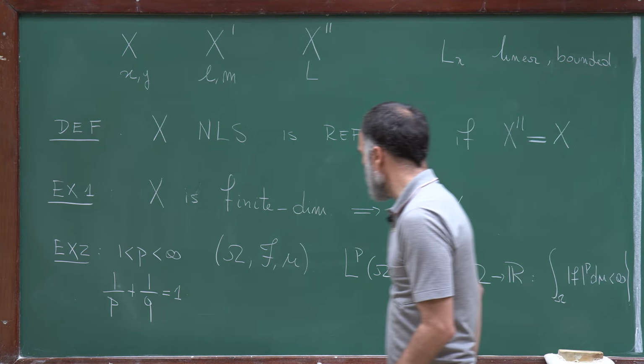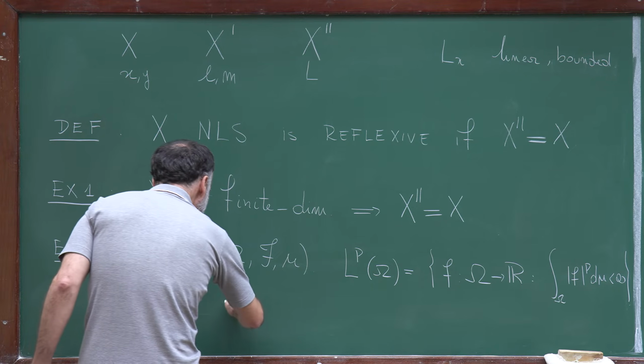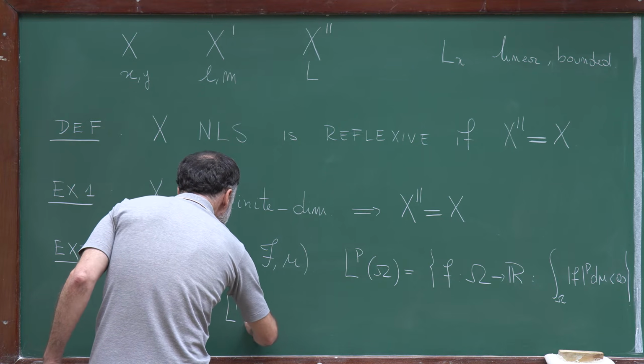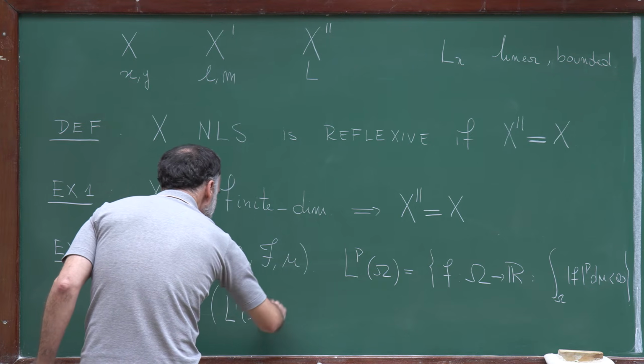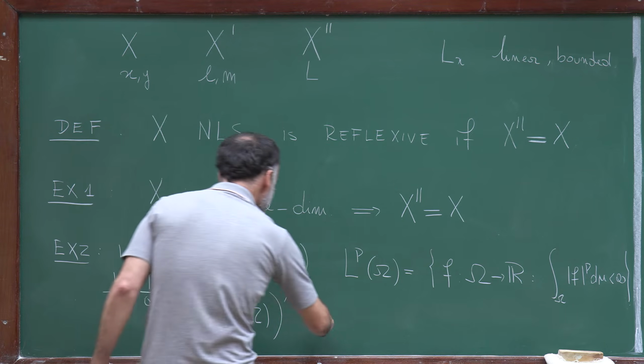So we've seen that L^p is a normed linear space. And you've seen in measure theory that the dual of that space is exactly L^q.